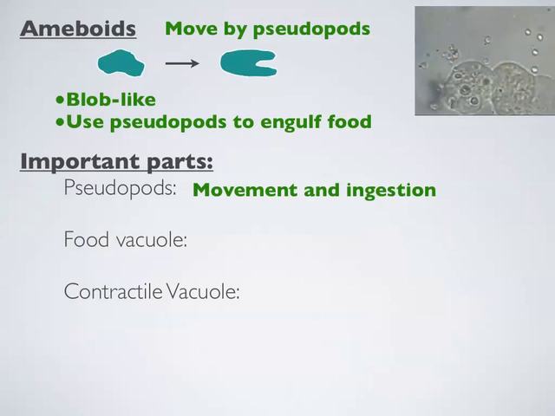It's inside of the amoeba, in what we call a food vacuole. That stores the food, and then eventually the amoeba will release digestive enzymes into that food vacuole that will break down the food so that the amoeba can use the nutrients for energy.